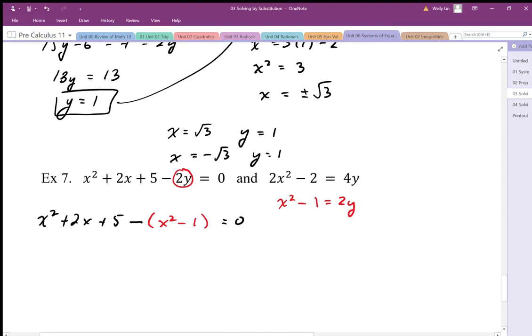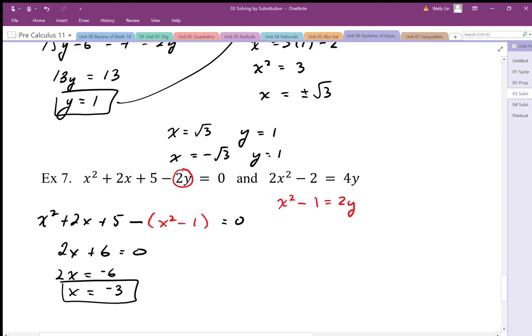In fact, because it's x squared minus x squared, it actually reduces to a linear equation. Plus 5 minus negative 1 is plus 6 equals 0. I can now solve for x. So x works out to be negative 3.